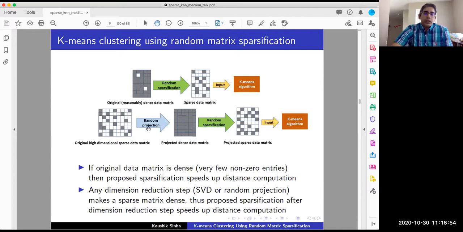They do some sort of dimensionality reduction step, and any dimensionality reduction step is typically a linear combination of the columns. So after performing a random projection or any dimensionality reduction step, it becomes a dense matrix. And on that dense matrix, we can perform this sparsification as an additional step and then perform k-means clustering. That is the scenario where this approach can be applied.